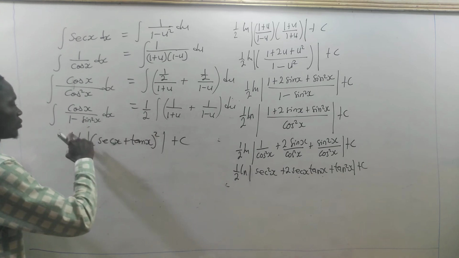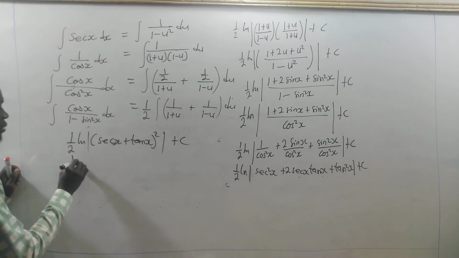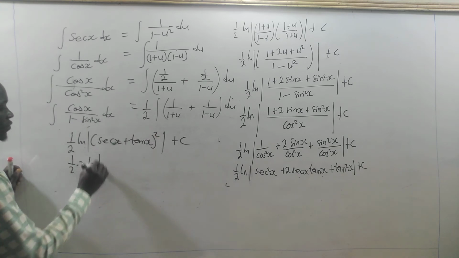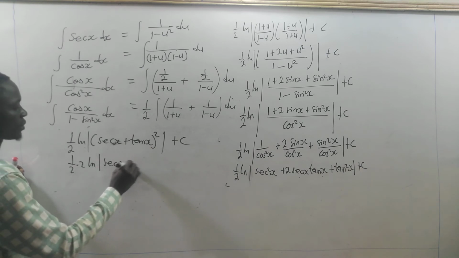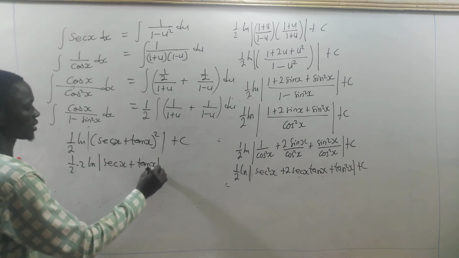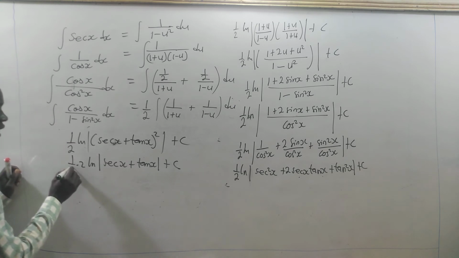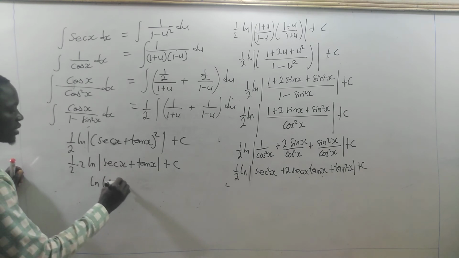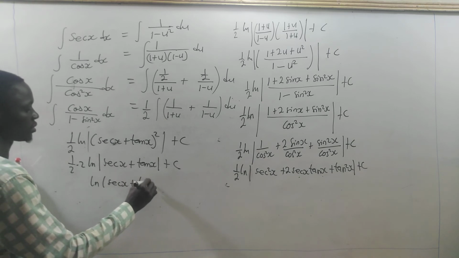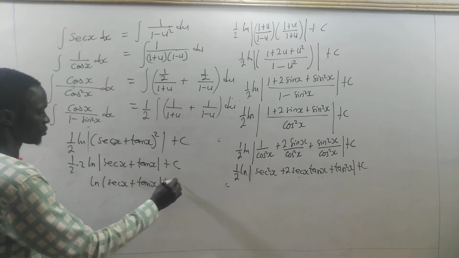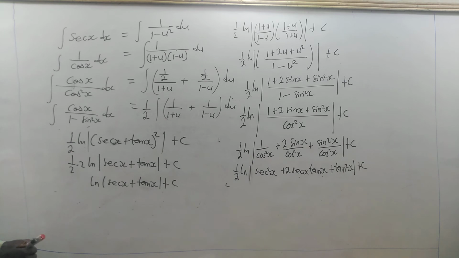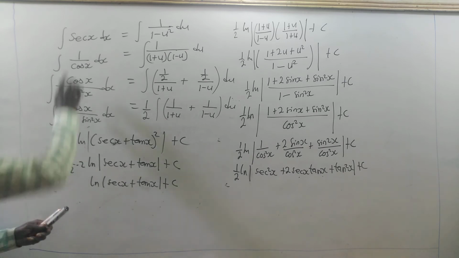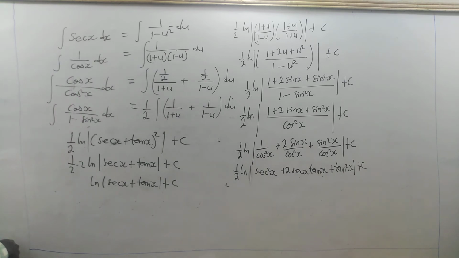The square will come here. So you have 1 on 2 times 2 natural log of secant x plus tangent x plus c, and half of 2 is 1. So we have ln secant x plus tangent x plus c as the standard formula for the integral of secant x dx.